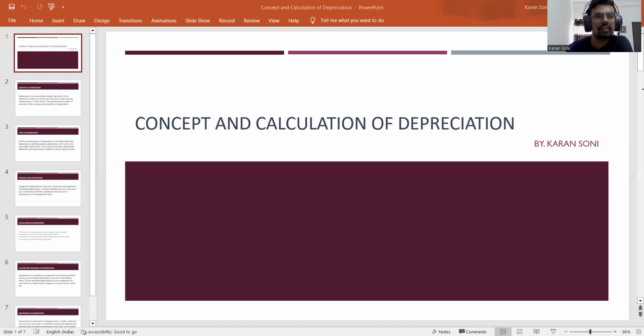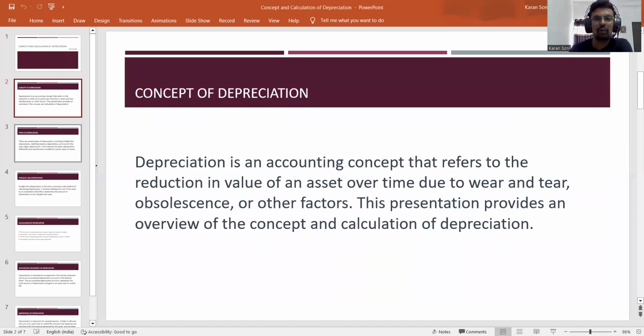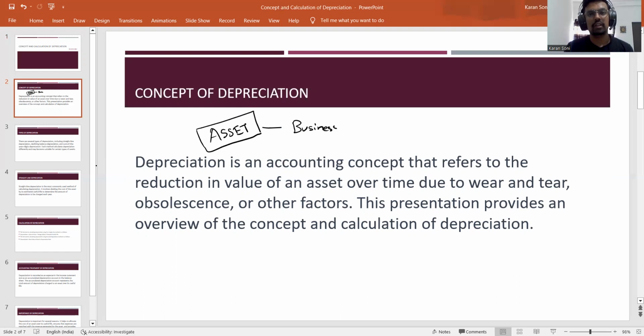So, first of all, guys, we will understand what is actually the concept of depreciation. So, guys, you all know about asset, right? I hope you all remember what is the concept of asset. An asset is something which is used by a business. Okay, you already know about it.